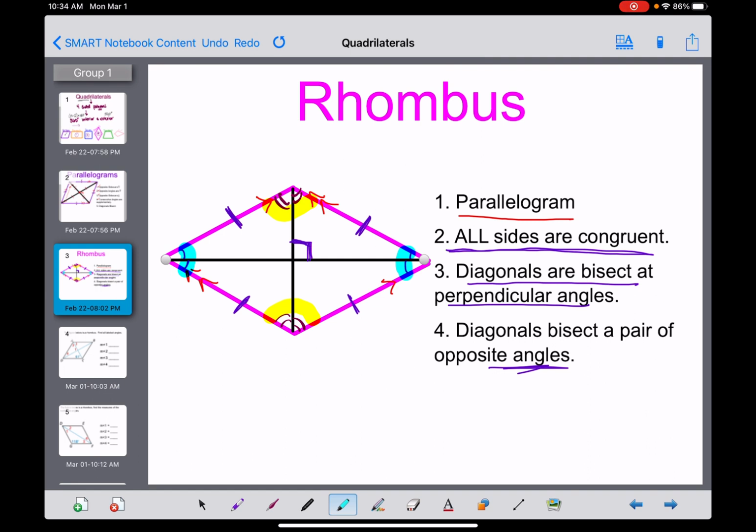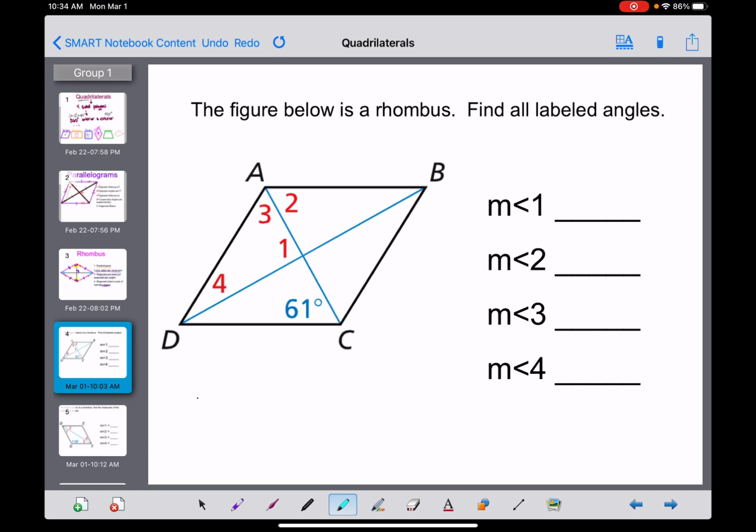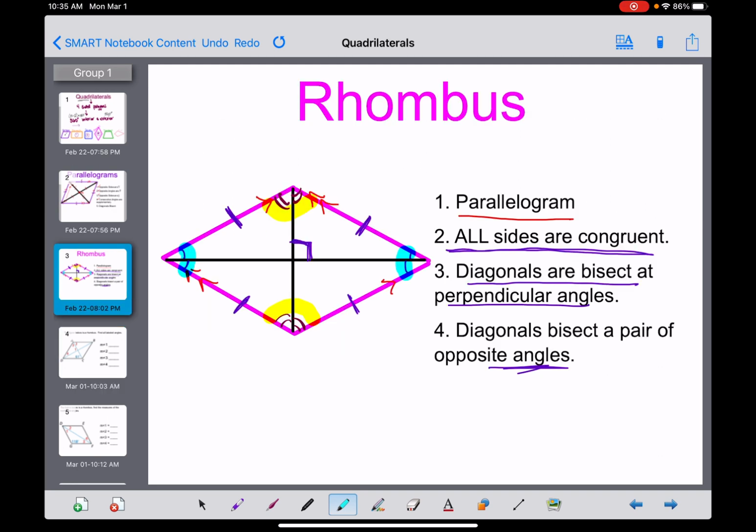So we're going to use this information to solve different types of problems. So this figure is a rhombus. They want us to find all the labeled angles. So we need to use the prior slide and the information we got about angles. We got that the diagonals bisected at 90 degrees. We got that the angles are bisected of one another.